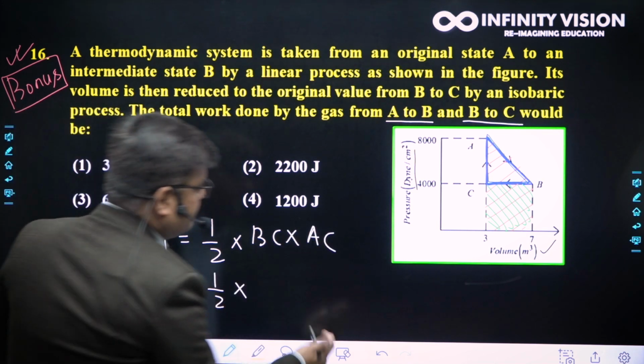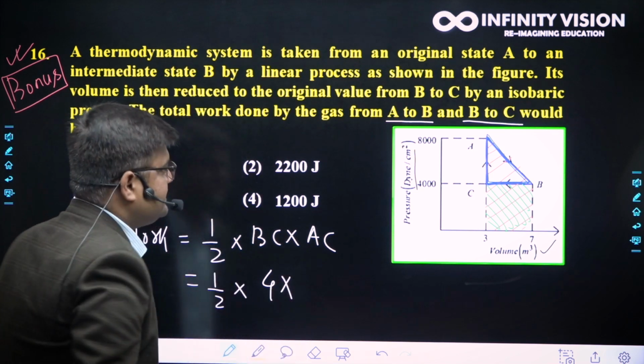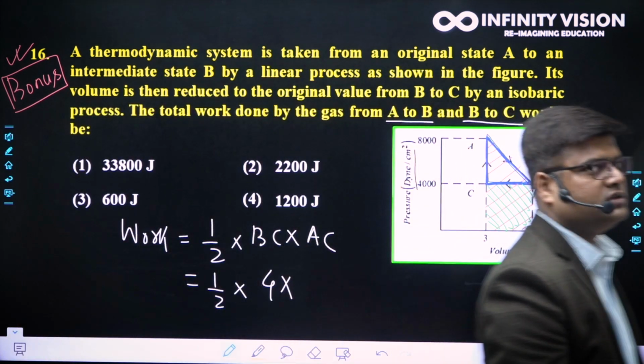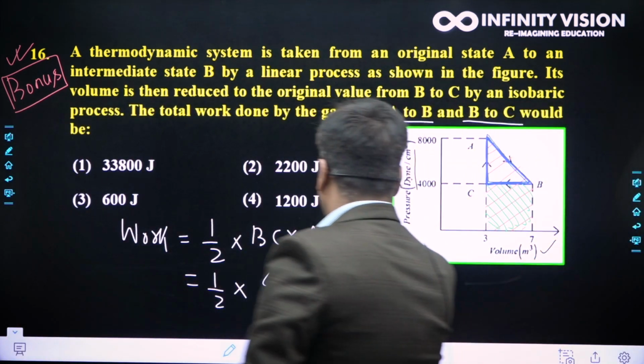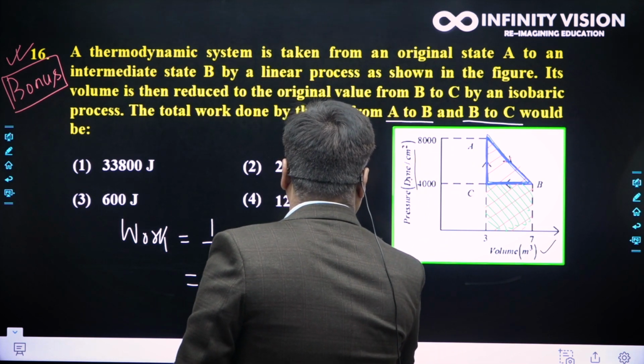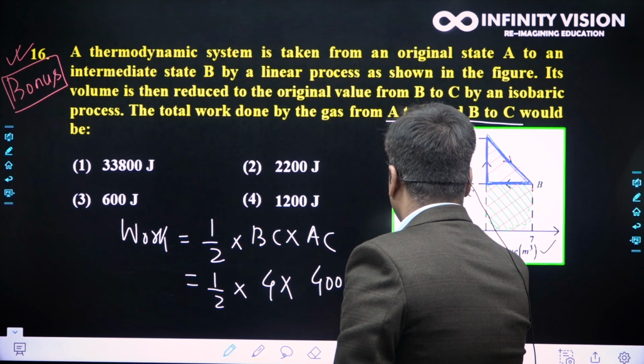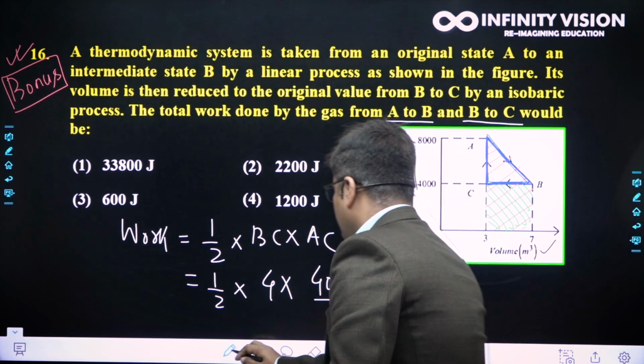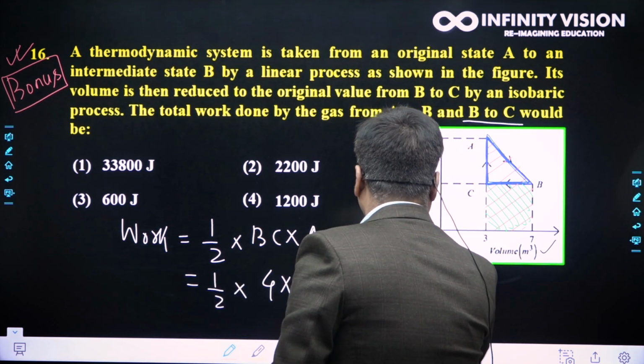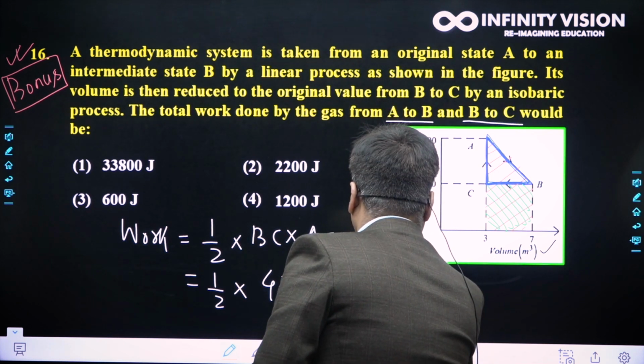Now BC is 7 minus 3, that is 4, and AC is 4,000 dyne per centimeter square. Now 1 dyne is equal to 10 raised to the power minus 5 Newton, and centimeter square is 10 raised to the power minus 4.